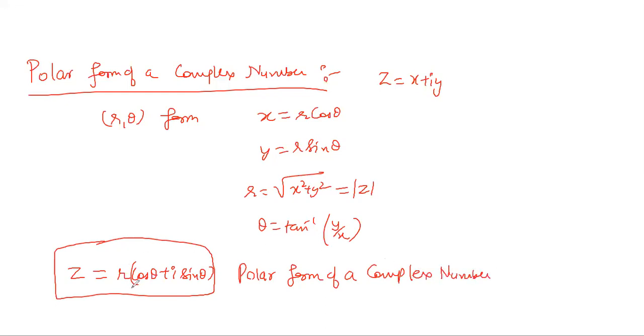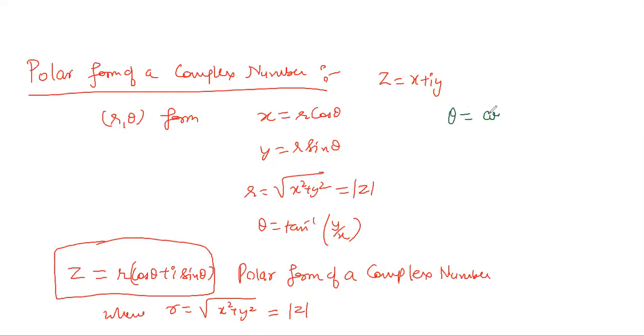where, when you write the form, you have to define both of them. So where r is the radial distance of the point from the pole, from the origin or the pole, which is mod z. And what is theta? How do you define theta?